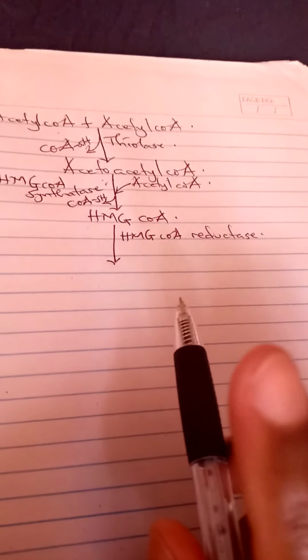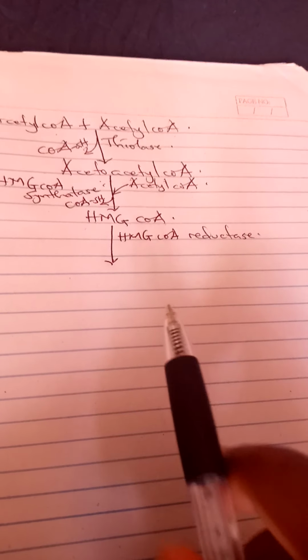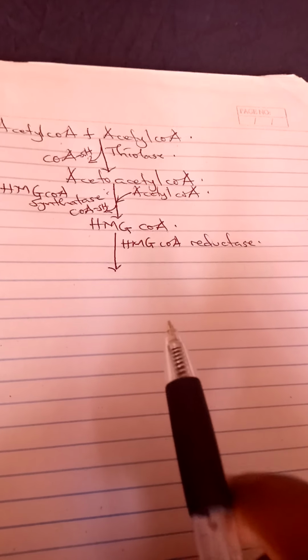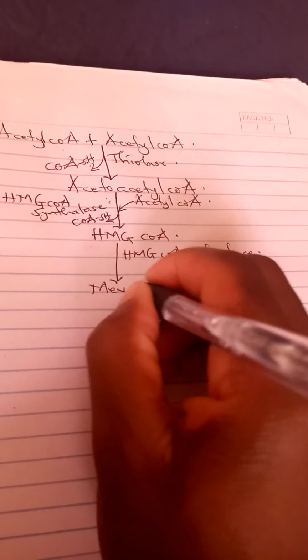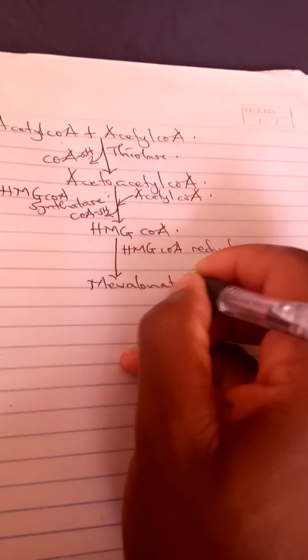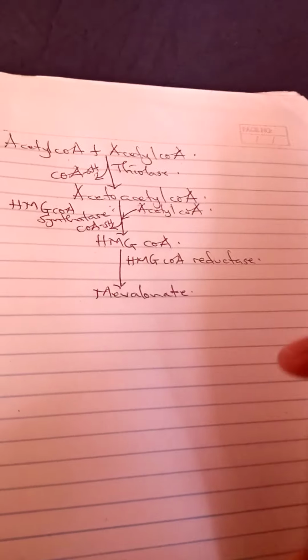So this HMG-CoA will be acted on by HMG-CoA reductase enzyme. This step is the committed step of the reaction. That means when HMG-CoA is acted on by HMG-CoA reductase, it must form mevalonate, and from mevalonate we can only go on to cholesterol synthesis.